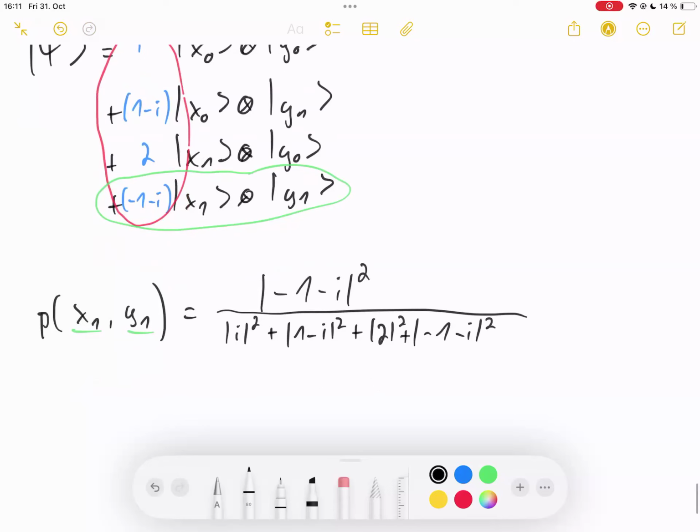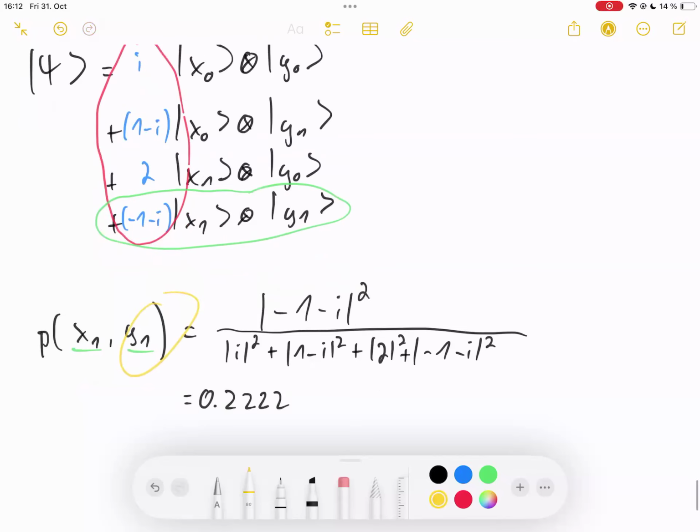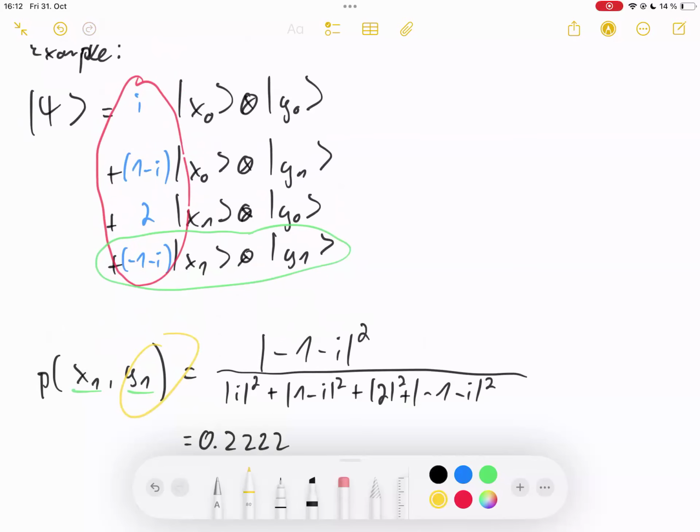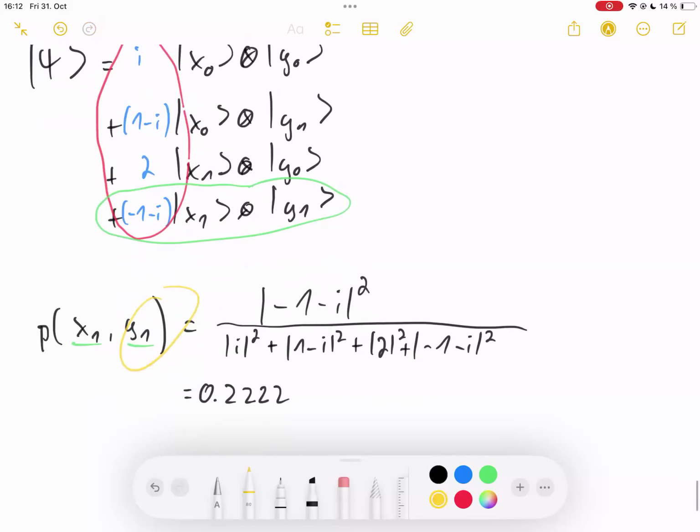And this will, in fact, lead to something like 0.222, whatever. And again, I could do this if I wished for a third position as well. I would just need to have, obviously, a different vector with different amplitudes. But this is something that not only works for two systems, but for multiple systems.